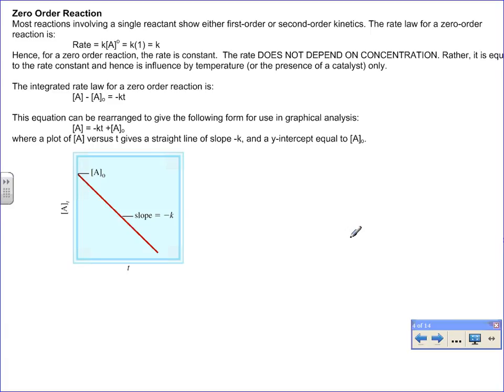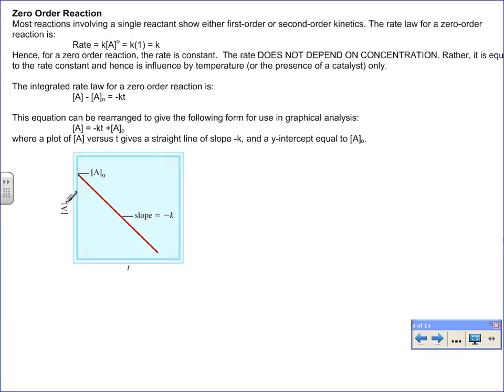Now we don't need to really do much with a zero order reaction, but we can discuss it. So with the zero order reaction, we know that the rate has nothing to do with the concentration of A. Okay, so it's raised to the 0. So the rate is simply equal to K. And what that means is that over time, the rate of the reaction is not going to change.